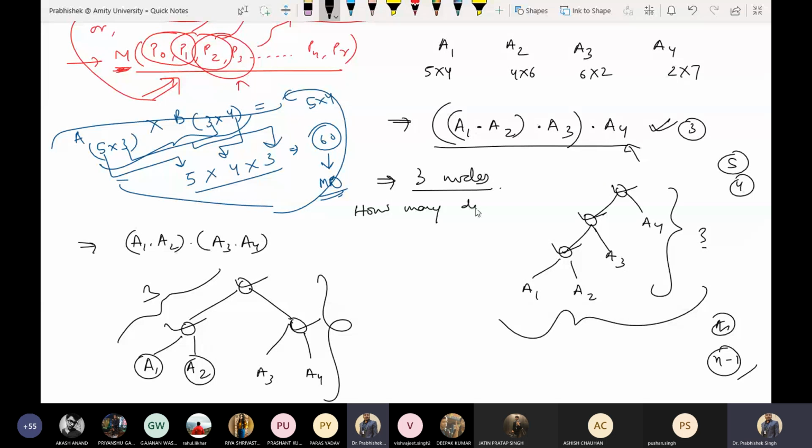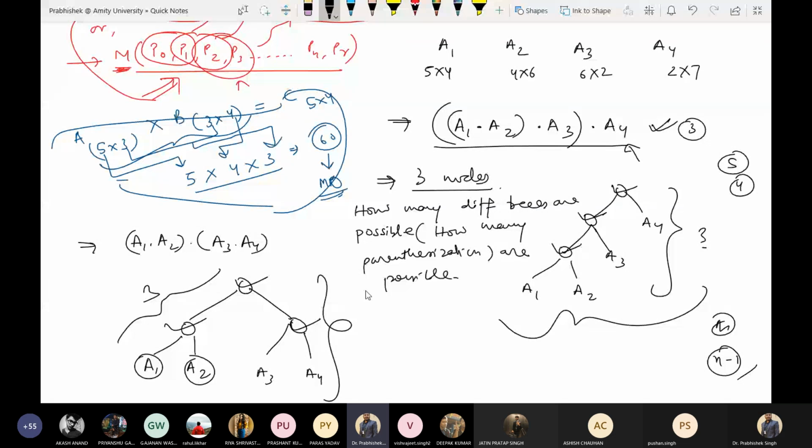how many different trees are possible? Or you can understand it as how many parenthesizations are possible.